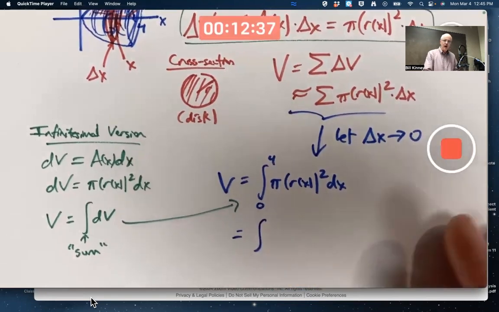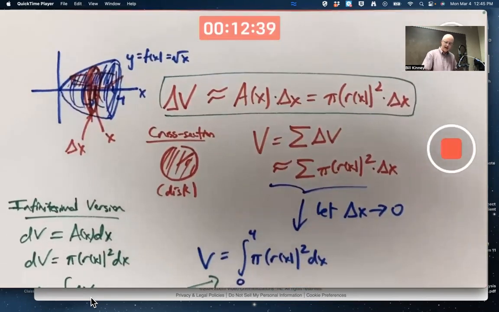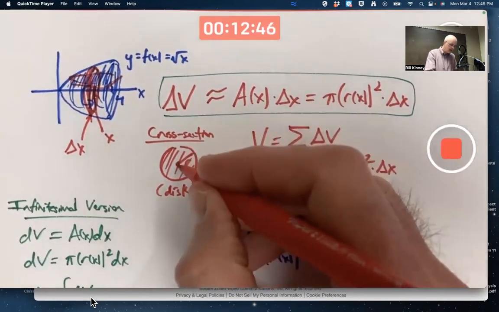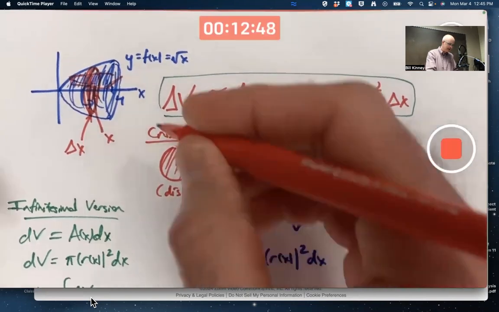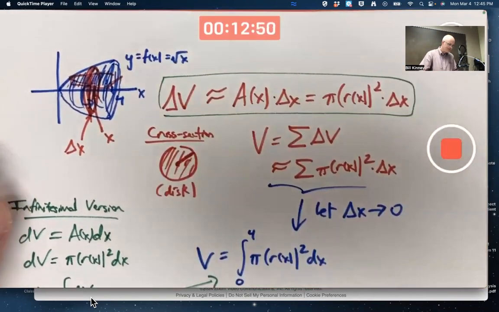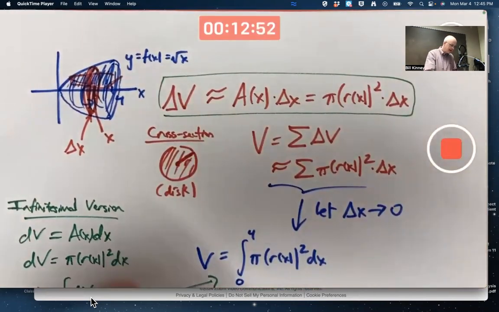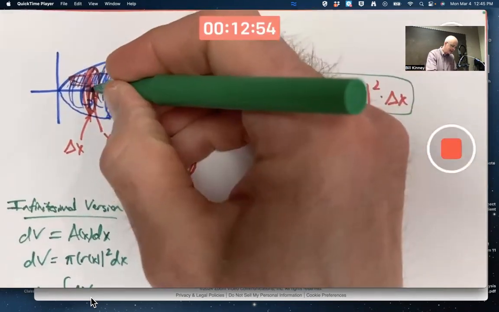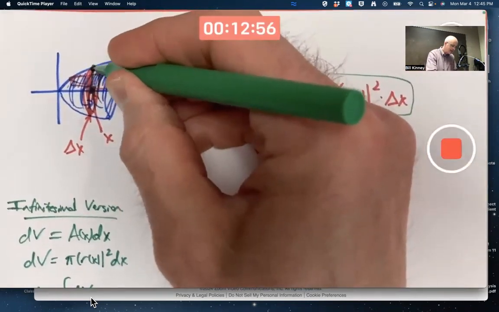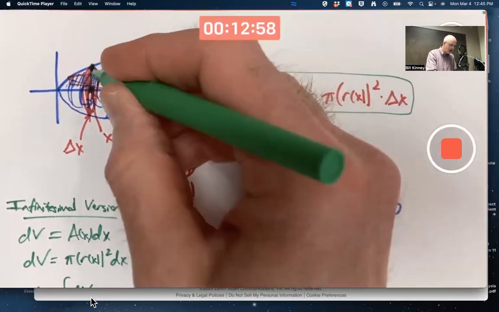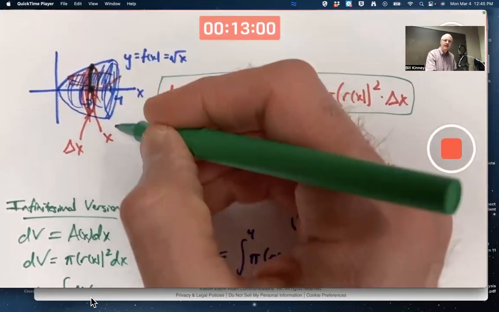For our example, r of x is the square root of x. Why? Look at the cross-section. There's r in the cross-section right here. What does that correspond to in this picture? It's a bit messy, but let me try to make it in green. The vertical distance between the x-axis and the curve is r of x right there.